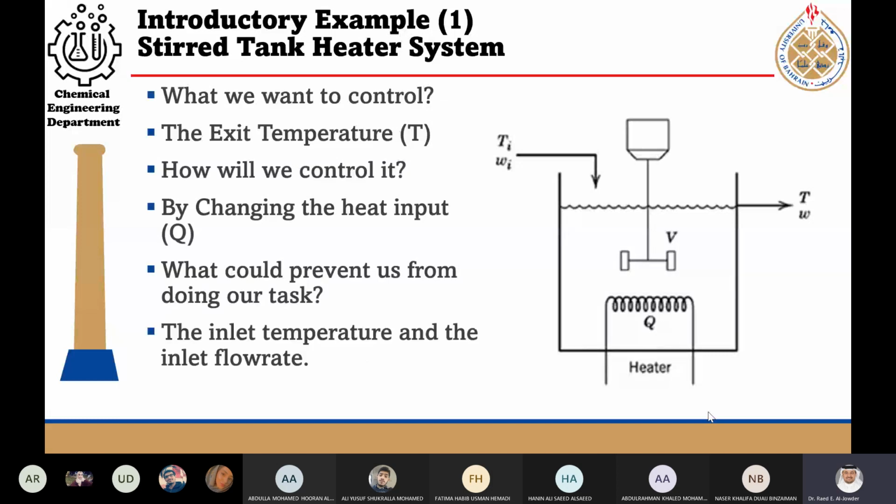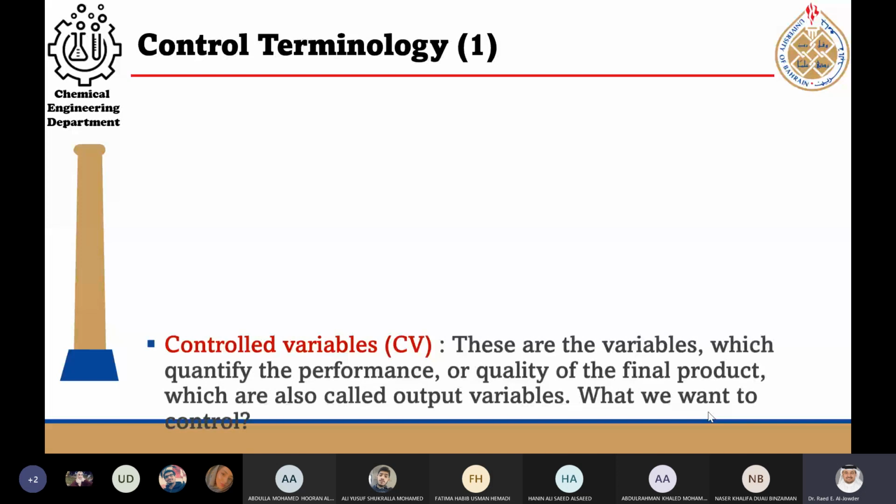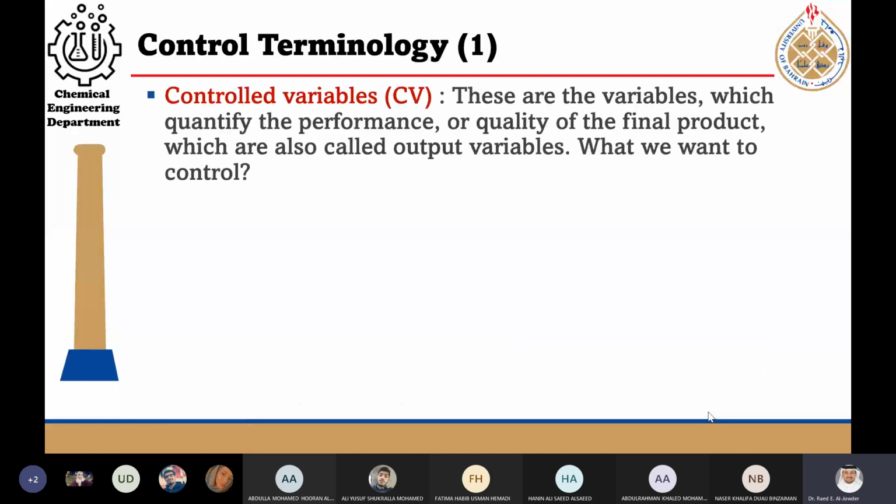In other terms, those are three types of variables that we must make sure we know before proceeding and designing the control system. The controlled variables are the output variables that we seek to keep under control, because if we do that, the system will perform its task correctly. If we don't, the system will not perform its tasks.